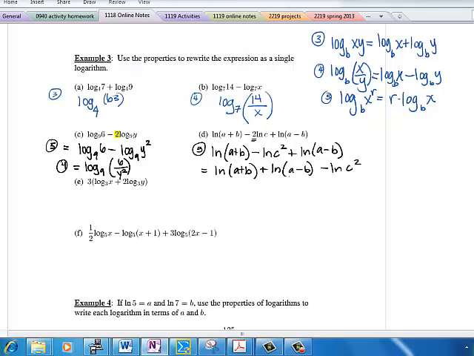So I want to add this and then subtract the natural log of c squared. So I'm going to use first my property that says I can put the sum of these two logarithms together as the logarithm of the product, a plus b times a minus b. So there I used property 3, where I took a sum of logarithms and wrote it as the logarithm of the product. And then I'm going to use property 4 because now I have a difference.